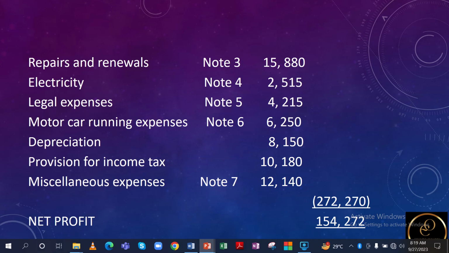Therefore, that type of expense is not a deductible expense for the purpose of calculating the income tax. So we add back.